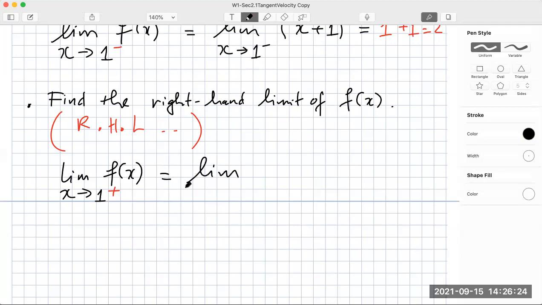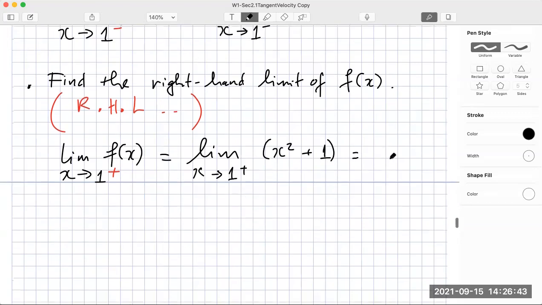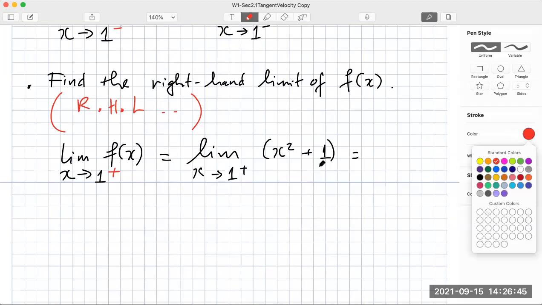Then from the right-hand side, we use the definition of x is larger than 1, which is x squared plus 1, okay? And what is it? Yes, it's also 2.